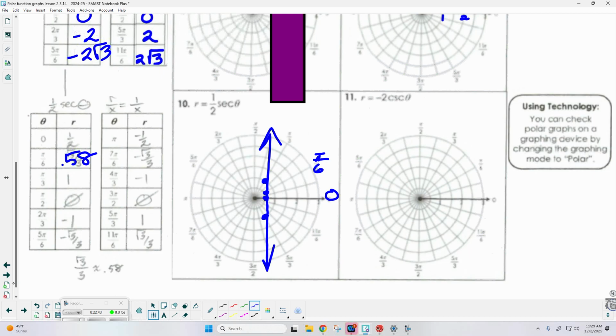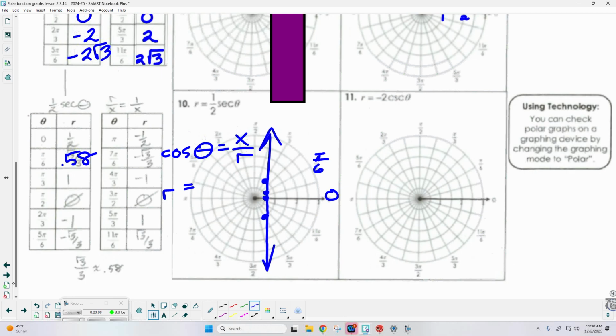Now, just like I did yesterday with number 9, let me show you on number 10 why you get a vertical line. Okay, so let's start with the reciprocal cosine. So we know that cosine of theta gives me x over r, right? Somebody do me a favor, solve that for r. What would r equal?